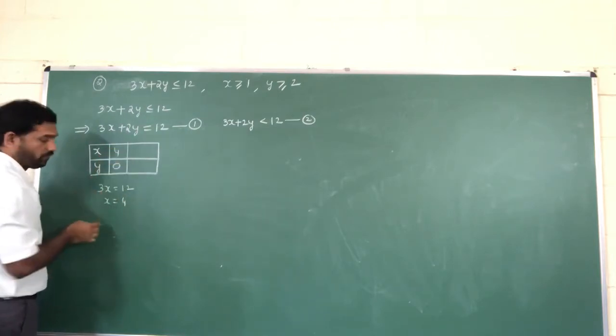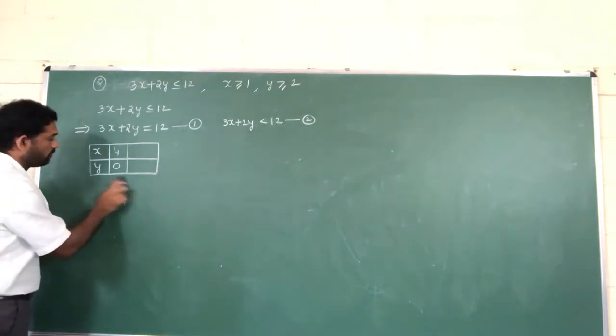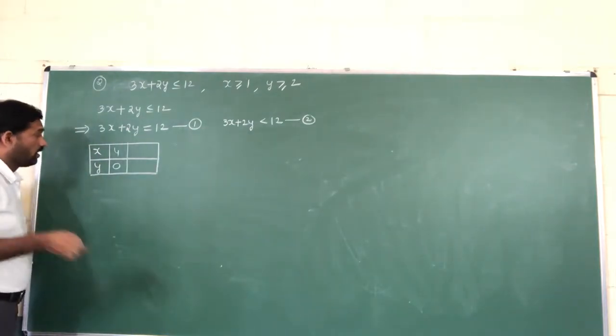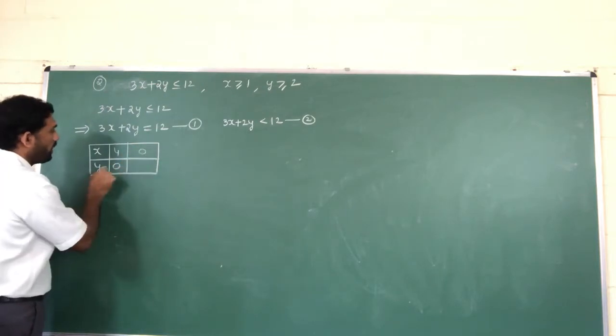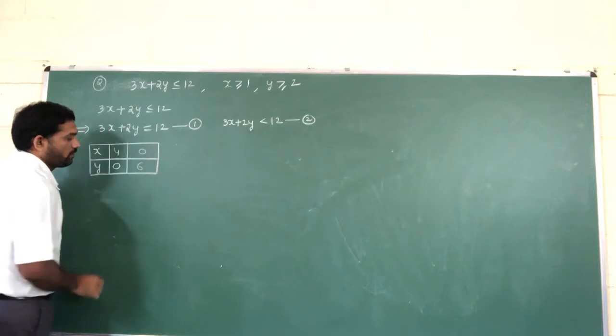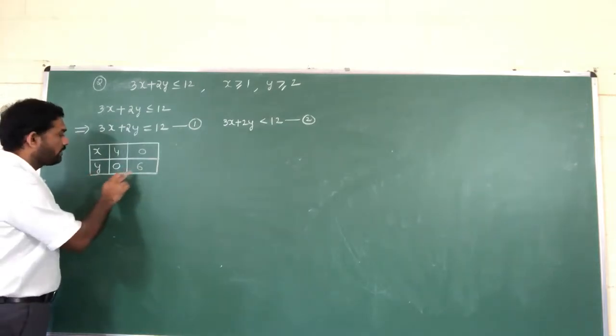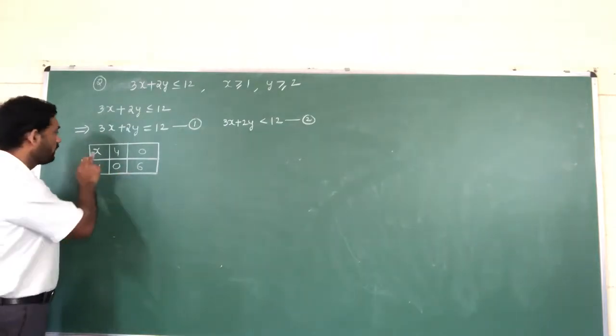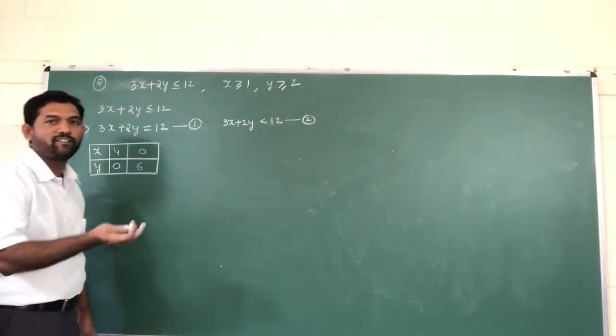Next, put x equal to 0, what is the y value? 2y is equal to 12, y is equal to 6. So on the y axis the maximum value is 6, on the x axis the maximum value is 4.